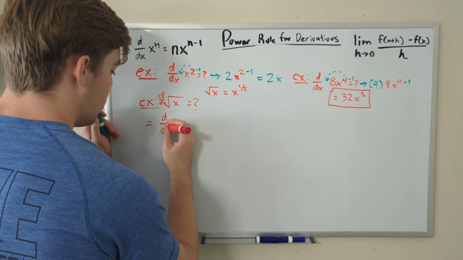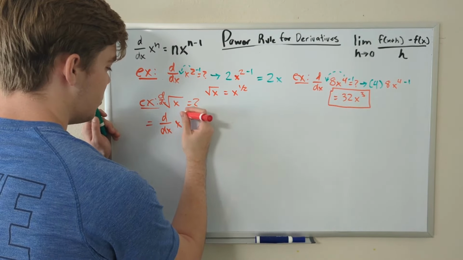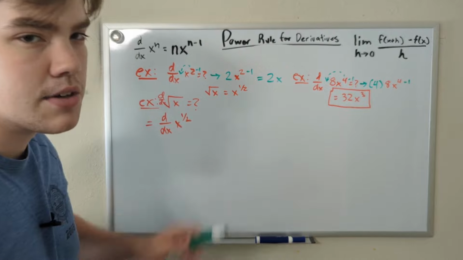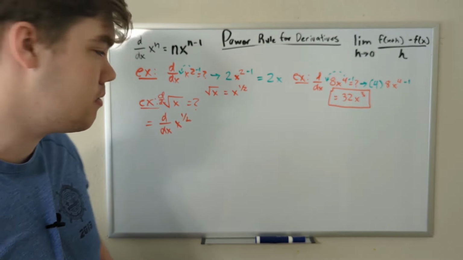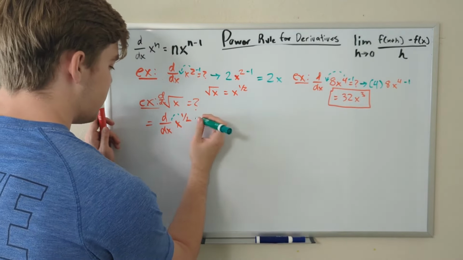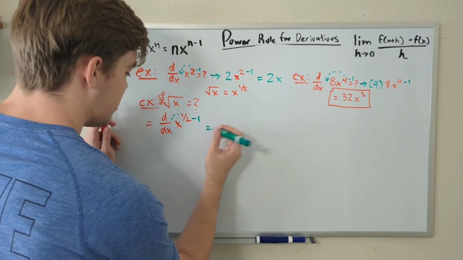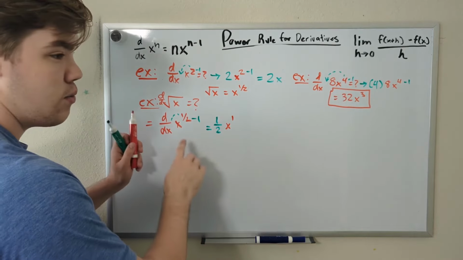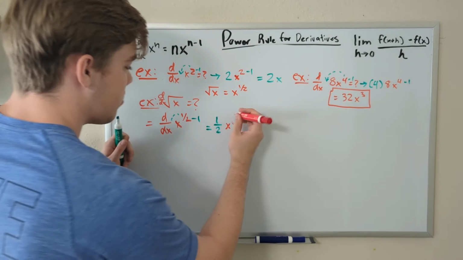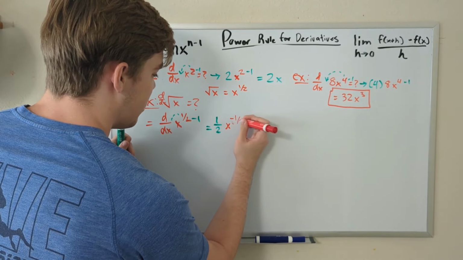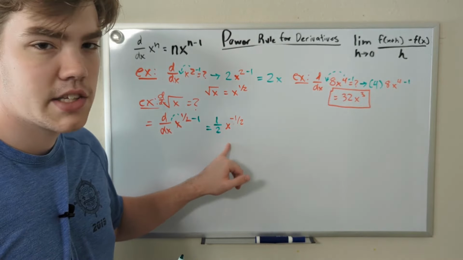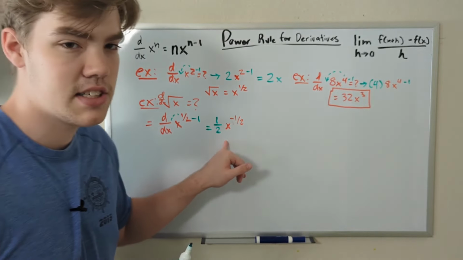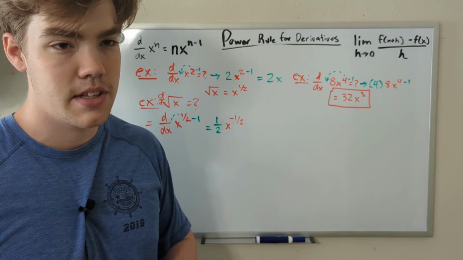This is equal to d dx of x to the 1/2 power. And now you can see it's pretty easy to apply the power rule. Now we just need to bring down the 1/2 and subtract 1 from it. So this now turns into 1/2 times x to the 1/2 minus 1 power, which is just equal to negative 1/2. So you could leave it in this form and this would be a correct answer, but I'm going to simplify this down a little bit more, and we're going to use a little bit of algebra that you may not remember.